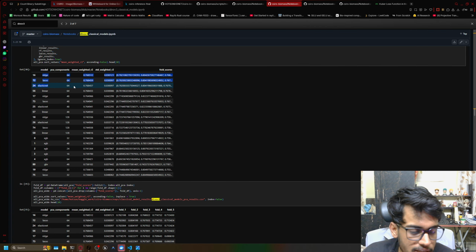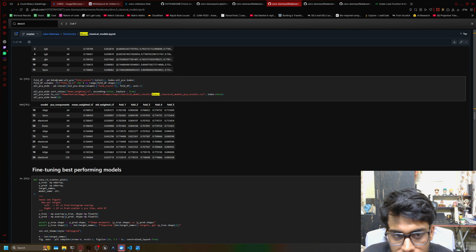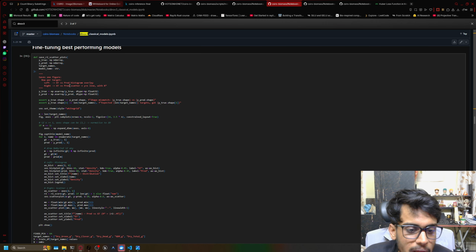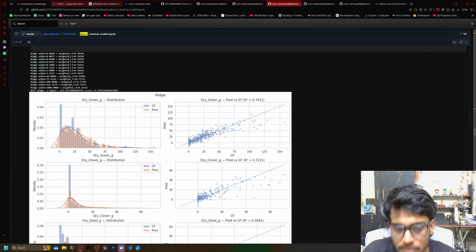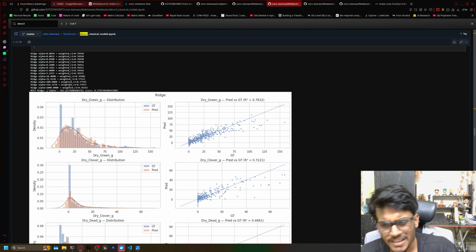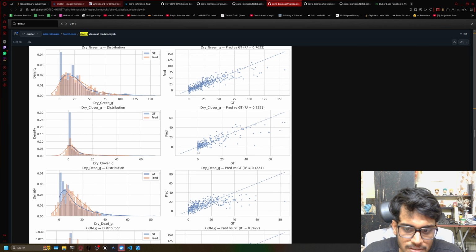Okay, and I set the PC parameter to be 64, and then I trained them again and saw the results. What I observed is that these classical models are giving me predictions in a negative dimension also. You can see for green and clover, a couple of predictions are negative, which shouldn't be happening, right?